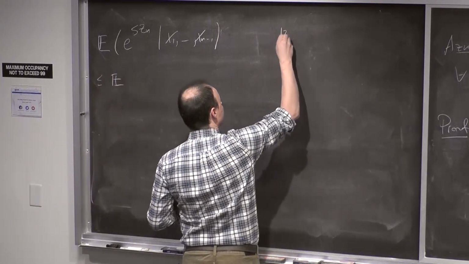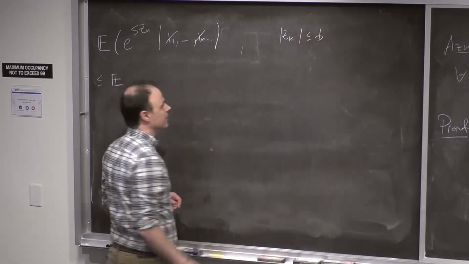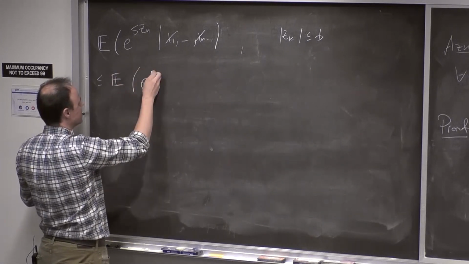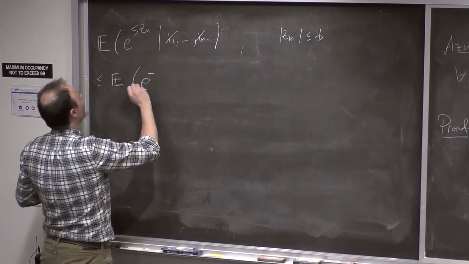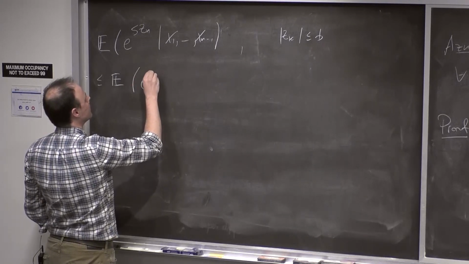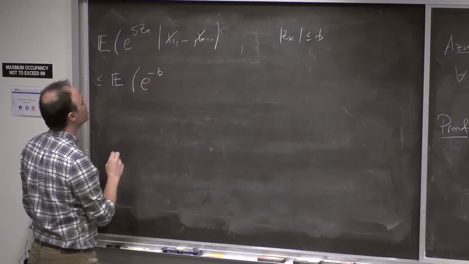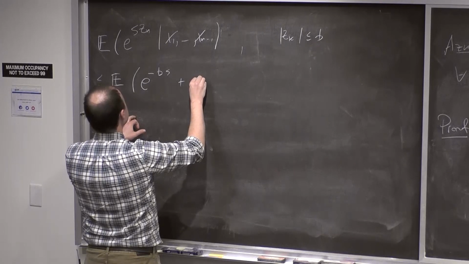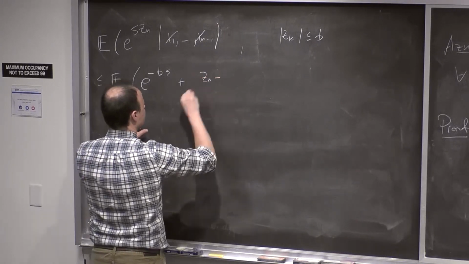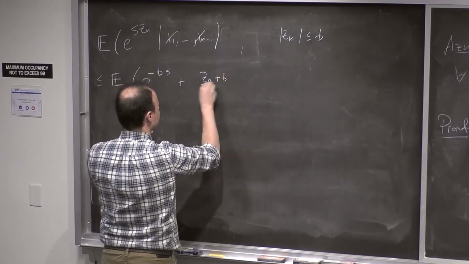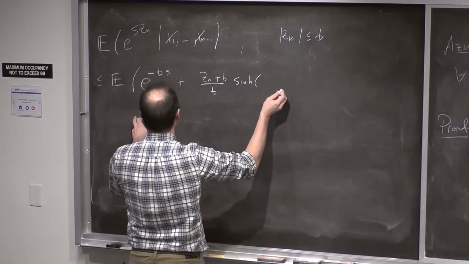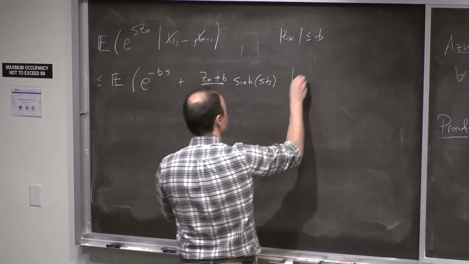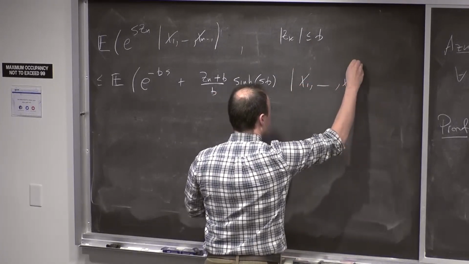Because the Z_k's are all less than b, I can use the same trick, and if I remember the formula for the secant line, it's e to the minus b times s plus Z_n plus b over b, hyperbolic sine of s times b, conditioned on X_1 through X_{n-1}.